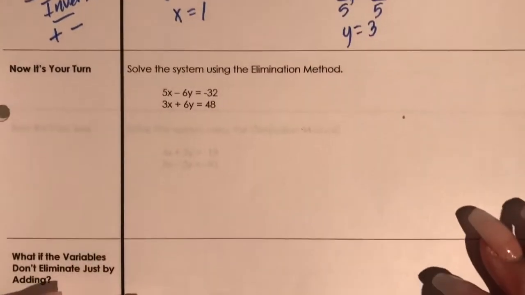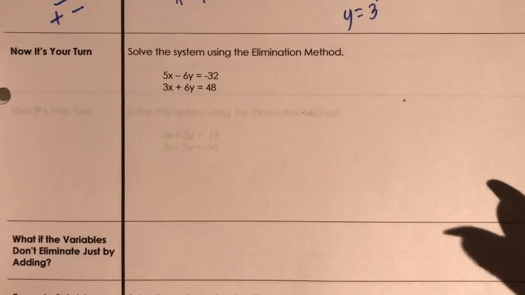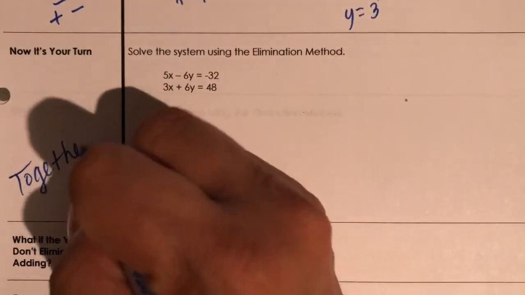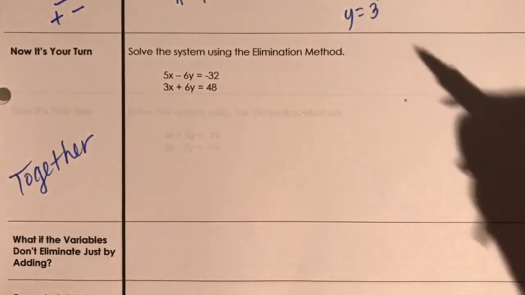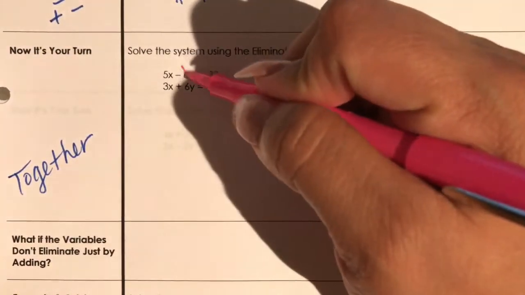Okay. Solve the systems of equations by elimination method. So let's go ahead and do this together. Solve the system using elimination method. I'm looking for the additive inverse. You see them? They go away.